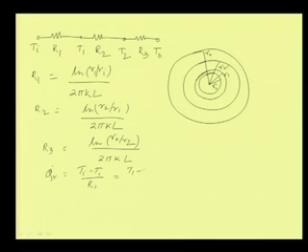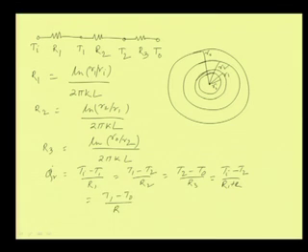So, we can write T 1 minus T 2 by R 2 is equal to T 2 minus T O by R 3, and that is equal to T I minus T 2 by R 1 plus R 2, and this is equal to T 1 minus T O by R 2 plus R 3, and this is equal to T I minus T O by R 1 plus R 2 plus R 3.